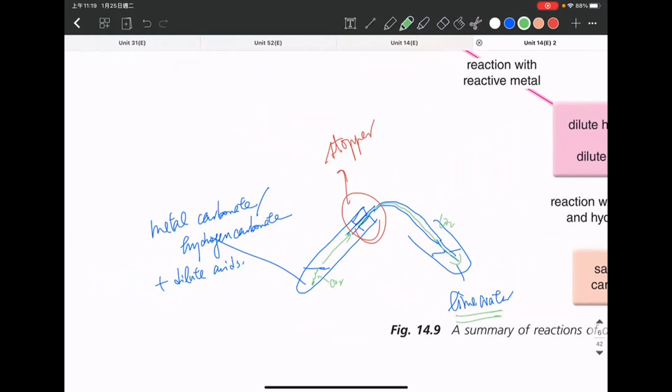Second, on here, no stopper, open system. Do not put a stopper here. If you have both stoppers, what will happen? Explosion. Yes, somebody will say explosion if you have quite a high pressure. But practically, before explosion, what will happen is that lime water will not turn milky. Do you know why?